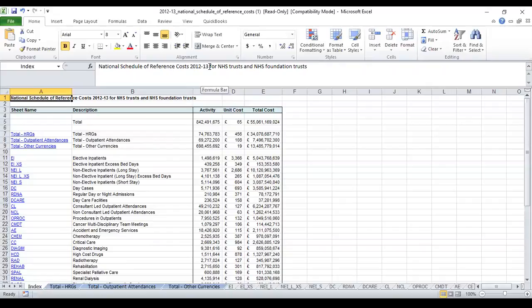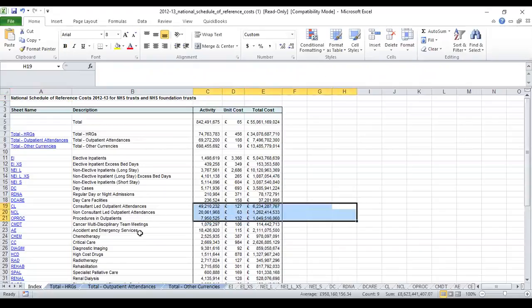Now, this spreadsheet is enormous in terms of the amount of data on there, but basically what it does, it gives you a unit cost for every health service that the NHS provides. So you can imagine how big the spreadsheet is.